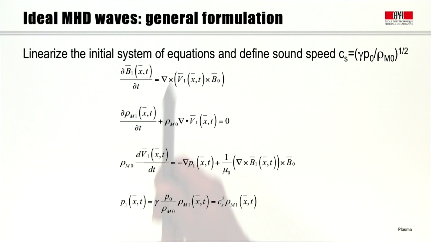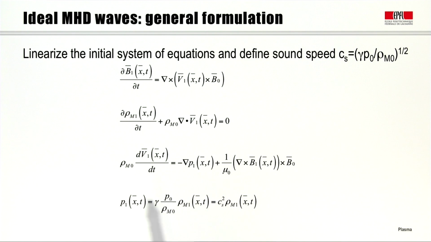We can then linearize the initial system of equations around the equilibrium. What we obtain is that dB1 by dt is equal to the curl of V1 cross B0, perturbation to first order. We do the same for the continuity equation, d rho m1 by dt plus rho m0 times the divergence of V1 equals 0.